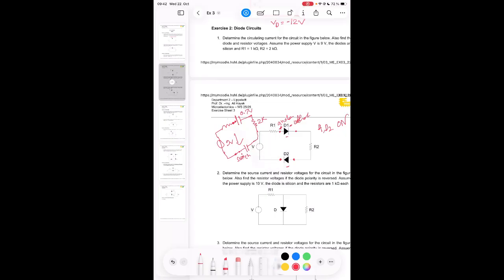What is the voltage we have? We have 9 volt on this side. On the other side, we have 2 times 0.7 volt.